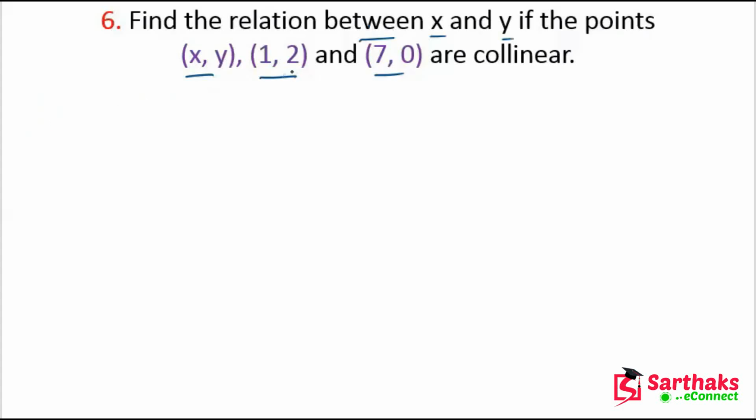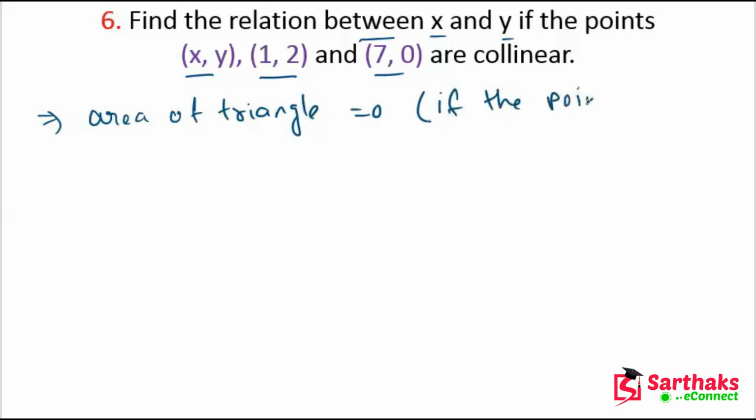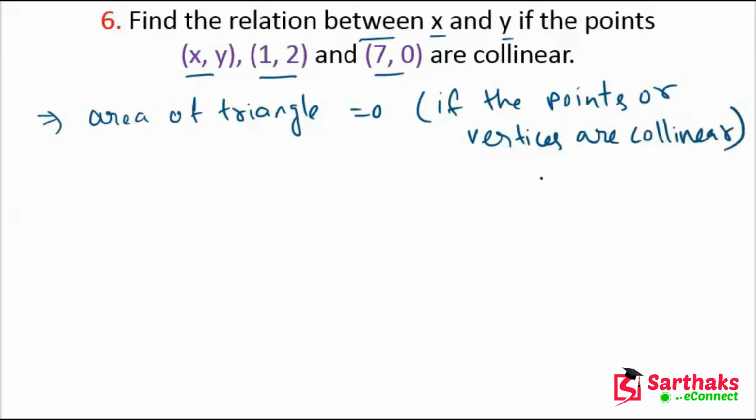This means if we have 3 points, then we can say directly that the area of the triangle is equal to 0 if the points or vertices are collinear.